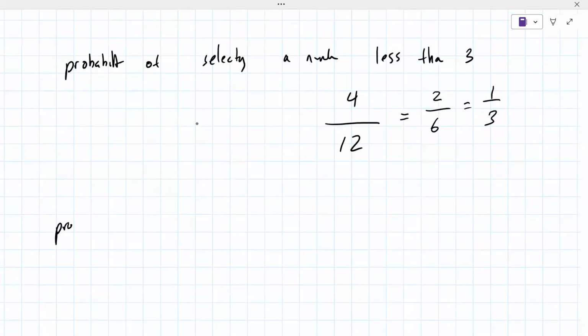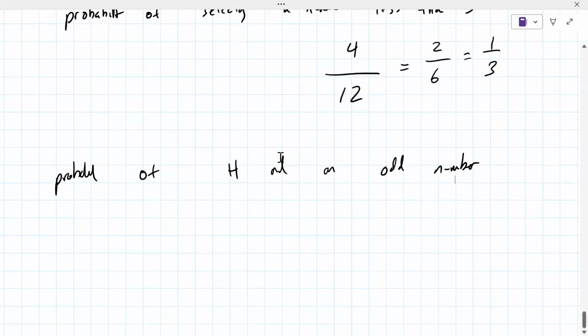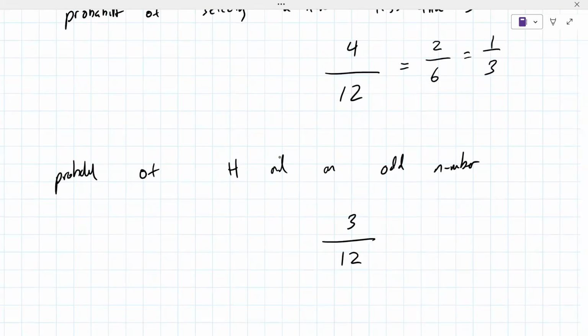All right. Now let's do the next one here. The probability of heads and an odd number. So it has to be both. There's 6 heads, and then there's 1, 2, 3 odd numbers. So there's a 1/6 chance, or there's a 3/12. Because it's heads as well.